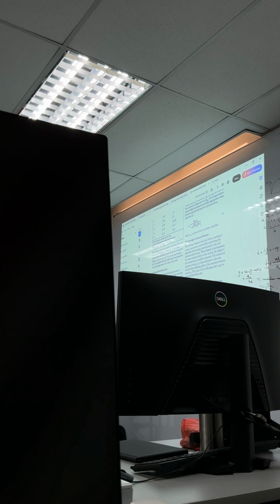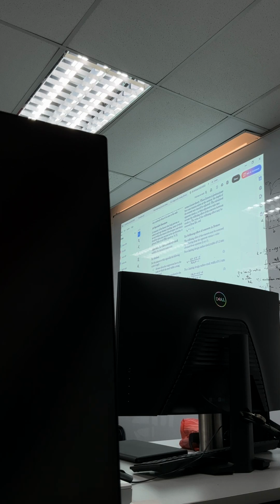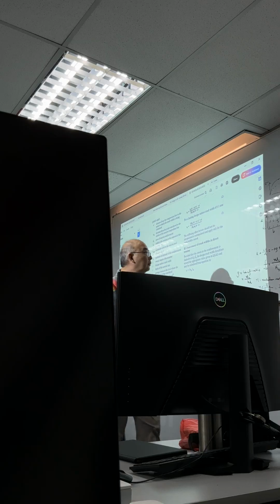If you look at this one, we say epsilon m is equal to epsilon 1 minus epsilon 2. Epsilon 2 is given by this. But what is epsilon 1? Epsilon 1 is the strain at the level considered.